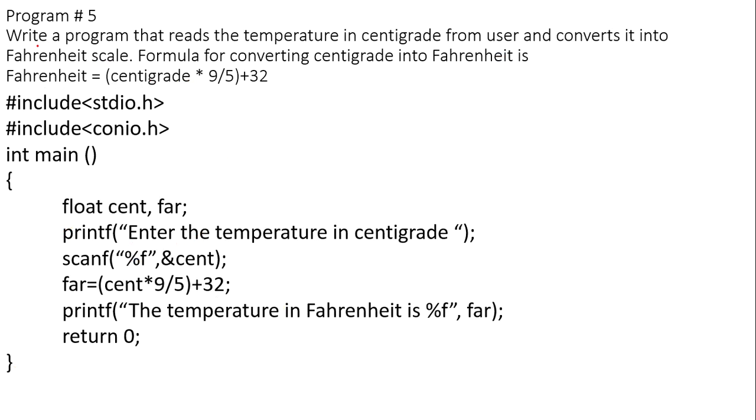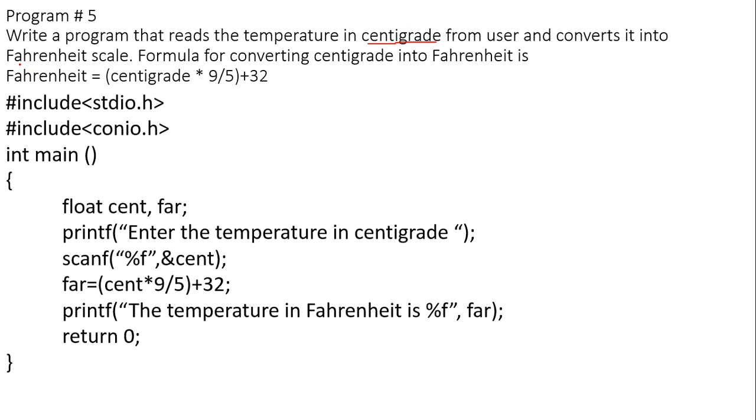The question says to write a program that reads the temperature in centigrade. It means that the user will enter the temperature in centigrade scale, and the program will convert that centigrade reading into Fahrenheit scale.